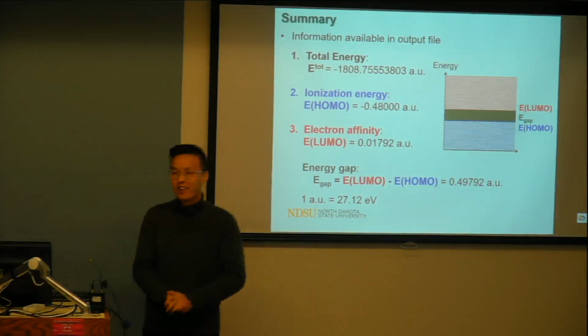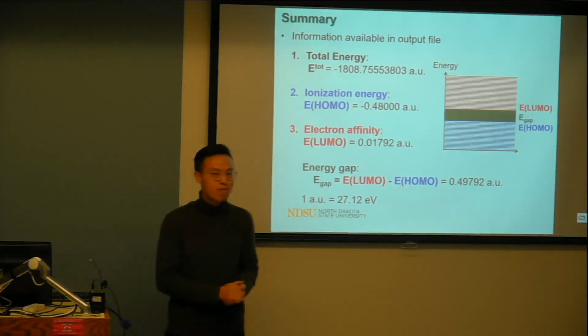Why is the energy at the HOMO the ionization energy? Why does the ionization energy equal the energy at the HOMO? Why does the energy gap equal LUMO energy minus HOMO energy? No, the blue one, number 2. Why does the ionization energy equal the energy at the HOMO?